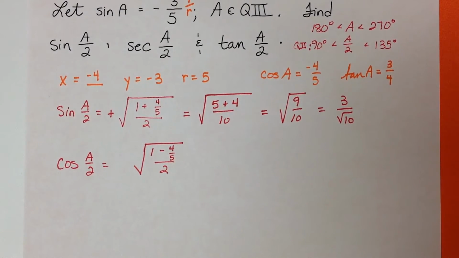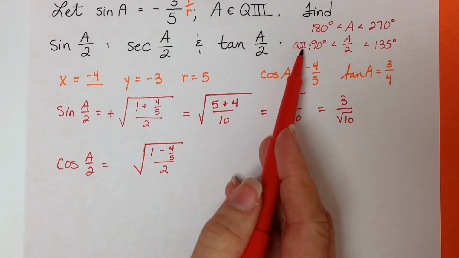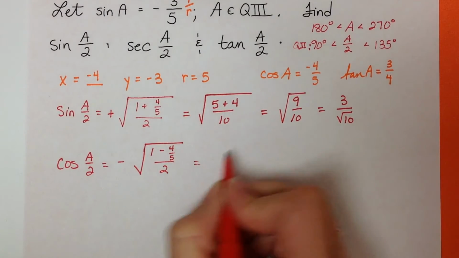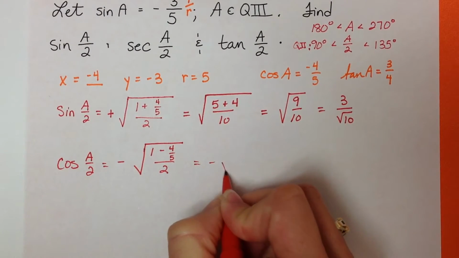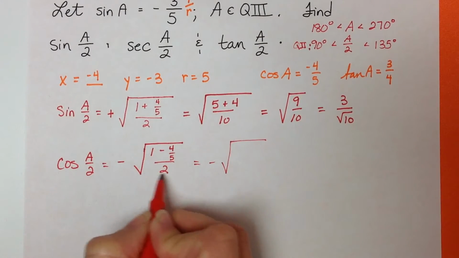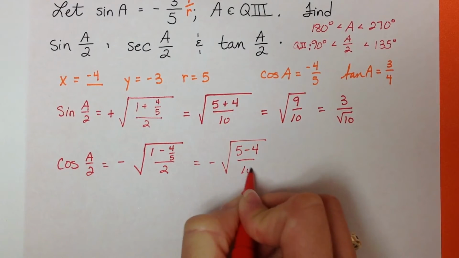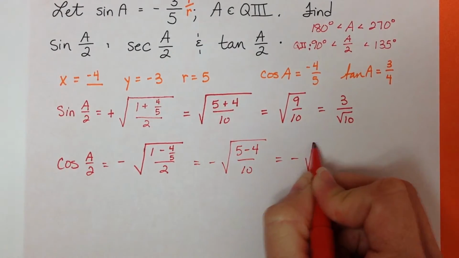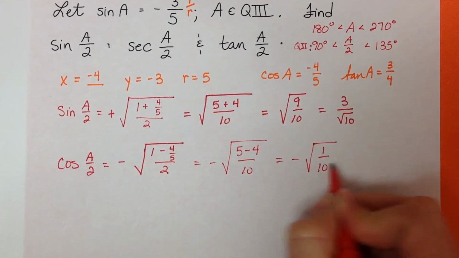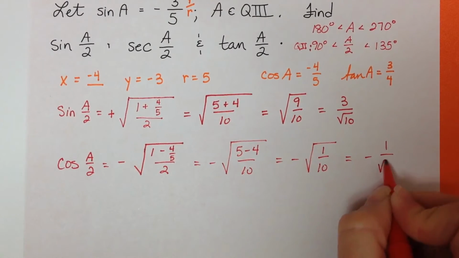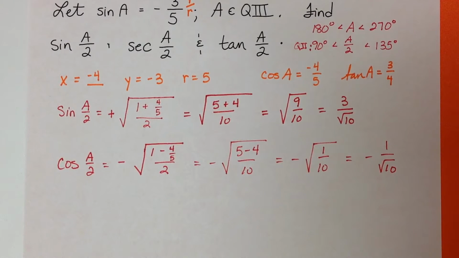Alright, so we've already figured out that the half angle is in quadrant 2, but this time we're doing cosine, and cosine is going to be negative in quadrant 2. Okay, so just like a while ago, I'm going to go through and just multiply all my terms by 5. So the 5 minus 4 gives me 1, so I end up with negative 1 over square root 10.